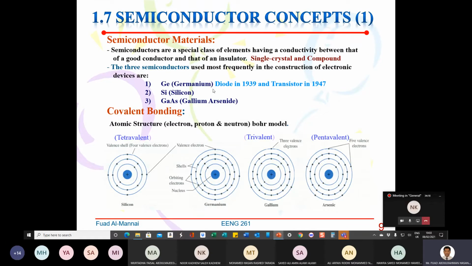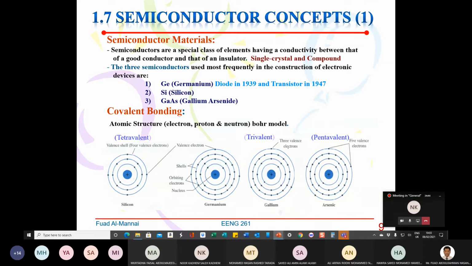The diode was invented in 1939, a long time ago, and the transistor in 1947. So this is the first semiconductor material, germanium.